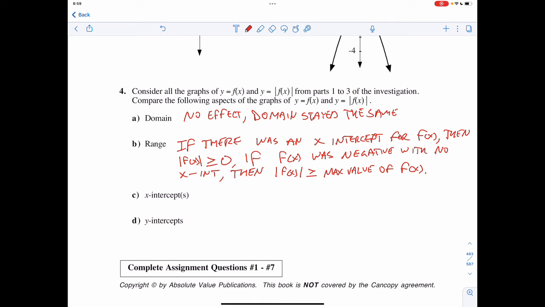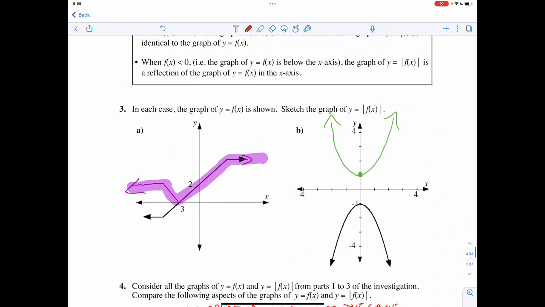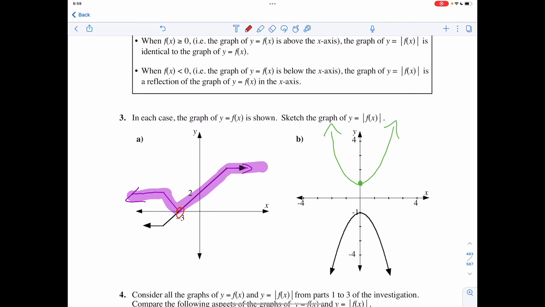What does that look like? We can see here where it crossed below, then we know that suddenly that minimum point where it was negative here, my absolute value of f of x had to be greater than or equal to 0. It can't cross below that point.